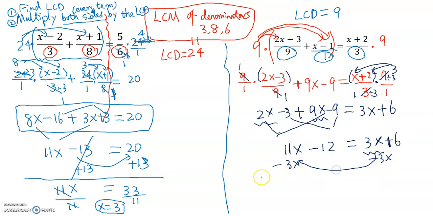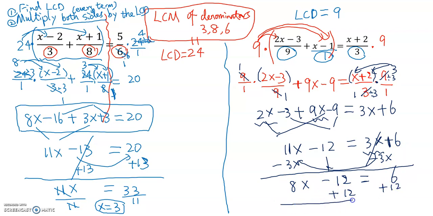Or you can just say moving anything to the other side and just change the sign. So now we get 11x minus 3x, which is 8x, minus 12 equals 6. And the variable term is all combined, but we also have to move the constant term to the other side so we can get 8x by itself.